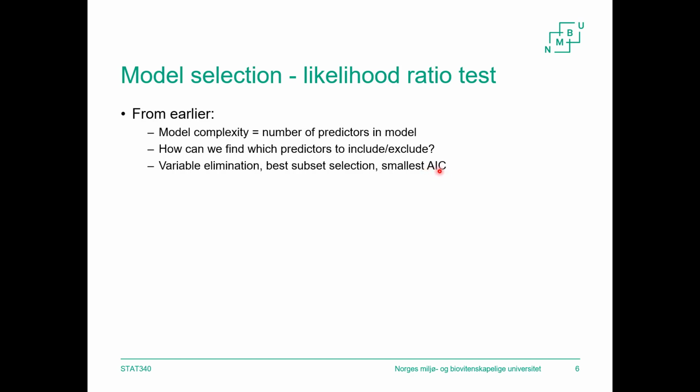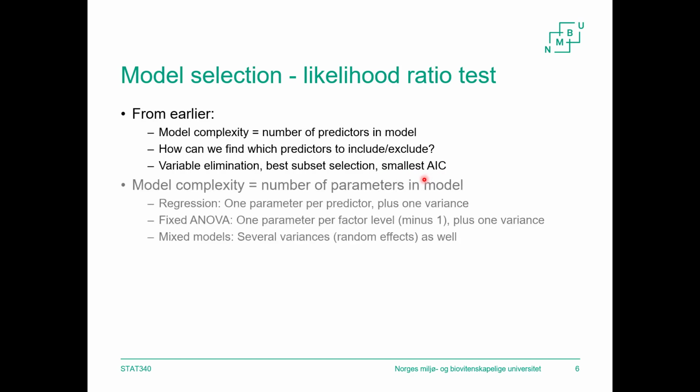Smallest AIC is one way of selecting the best model out of several competing models. Another one is to use cross-validation, selecting based on prediction abilities. But AIC is a much used criterion.